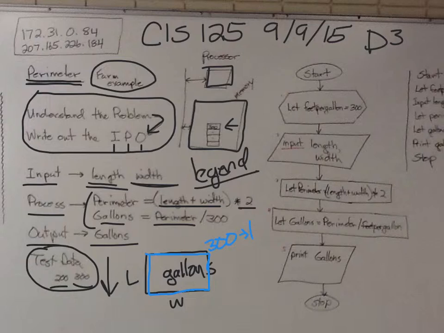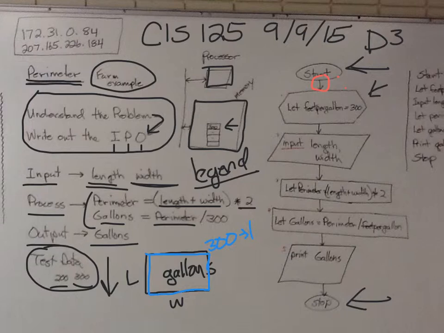So we start out with the flowchart. We have a start and a stop box. We draw arrows. You can see right here we have an arrow that connects this box to this box, so we know exactly where we're going. This box is the initialization.